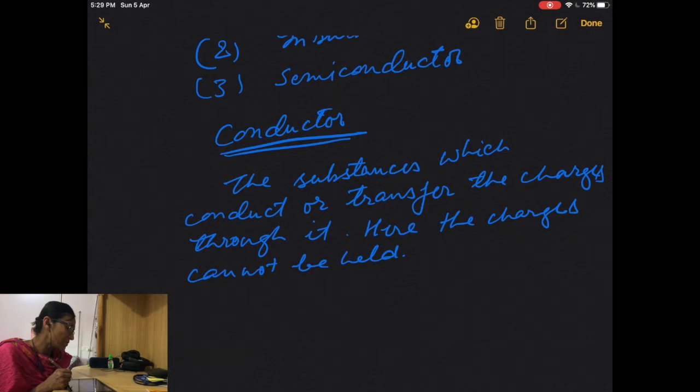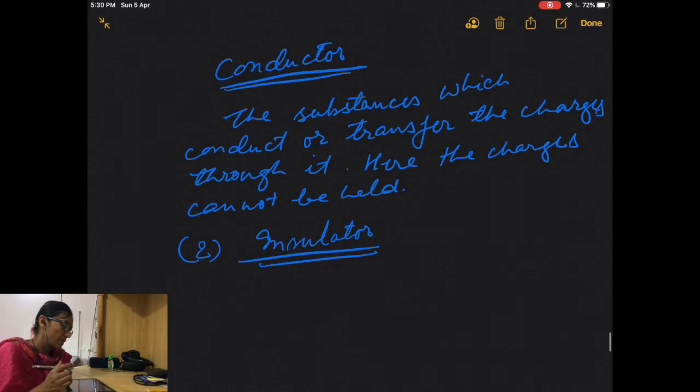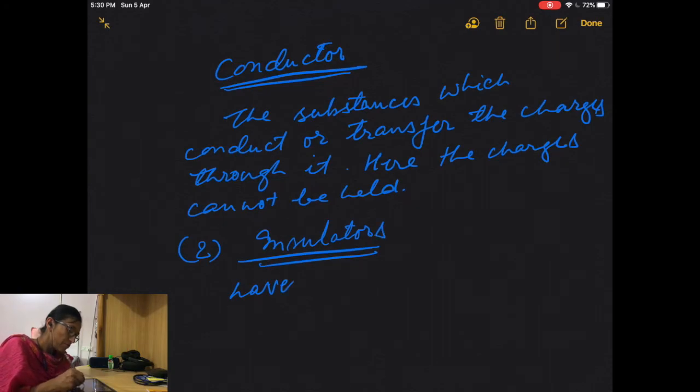Now the second substance is insulator. Insulators generally have no mobile charges or free charges.